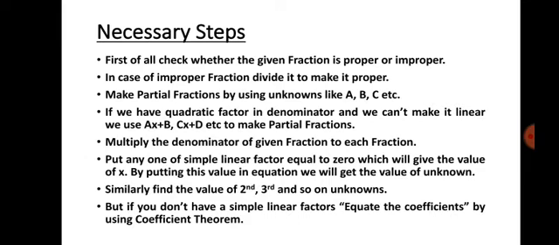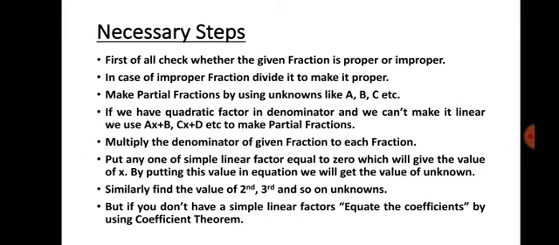If there are quadratic factors in denominator, we will not take unknowns like A, B, C. Rather, we will take Ax plus B, Cx plus D, Ex plus F, and so on. In this way, we will make partial fractions, and the remaining step will be the same as we will use the sign of plus between these partial fractions.